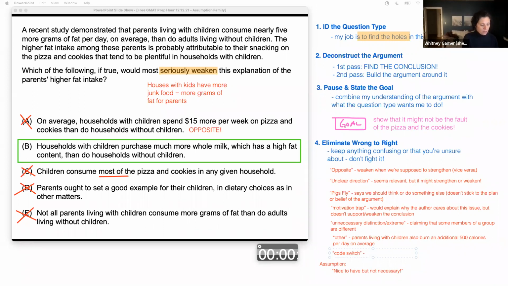This is when an argument goes from percent to number, for example, or from number of times, so maybe prevalence, to severity. So we talk about how often something happens, and then one of the answer choices talks about how bad each incidence is. It's when they're trying to get us to mix up terminology.